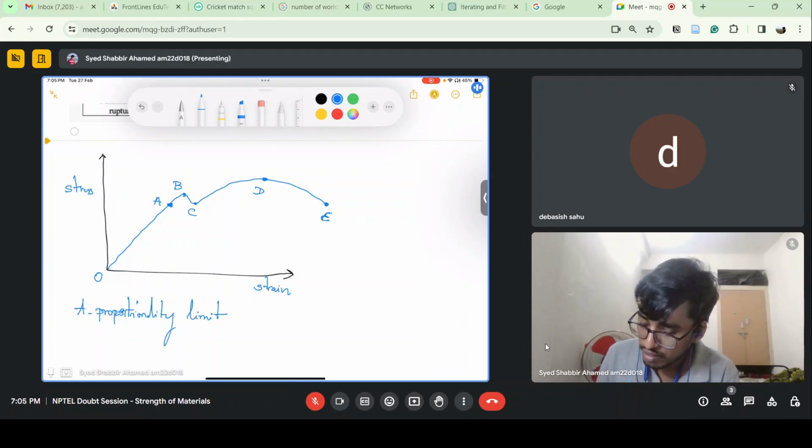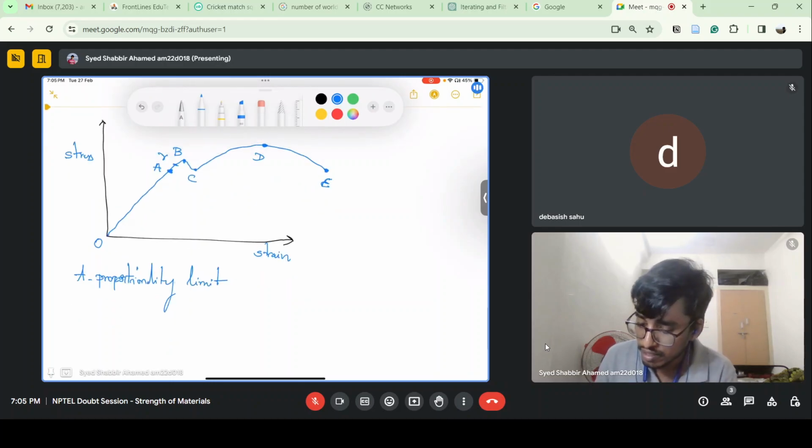And there will be another point, where A to B will be slightly non-linear. Let's say I'll write it as some point, gamma. I'm just giving a different Greek alphabet for this.